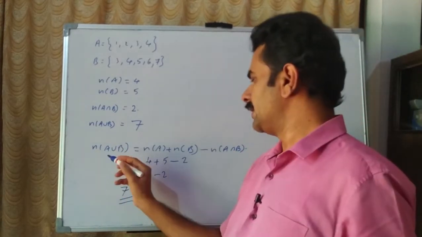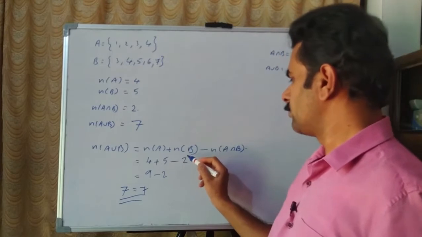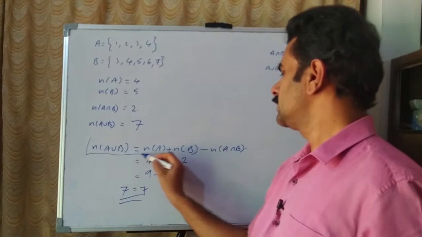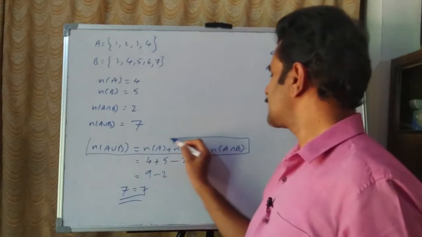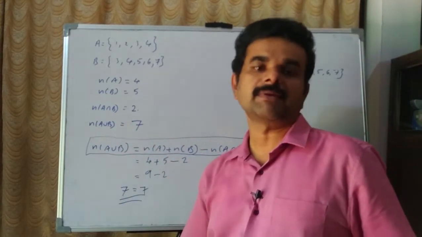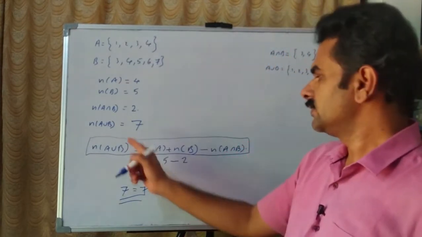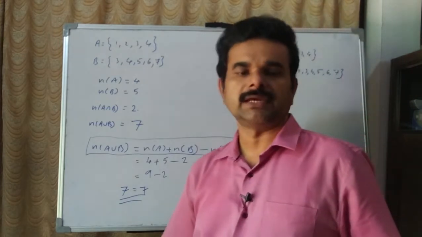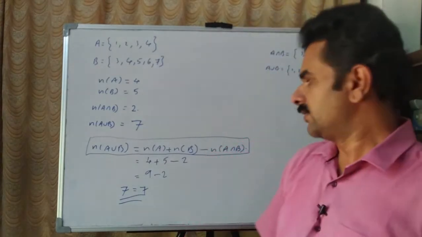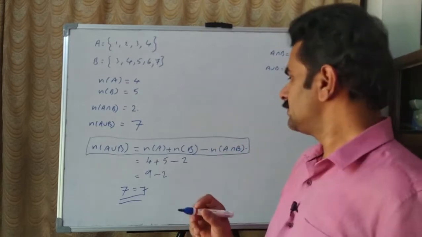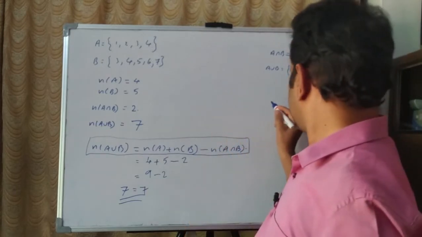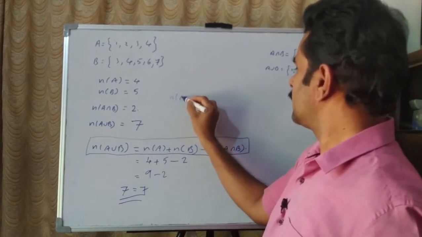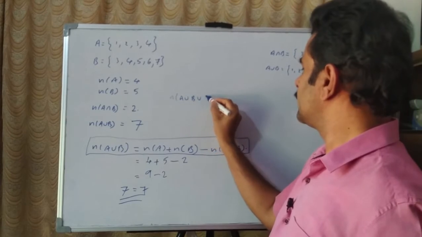Thus N of A union B is equal to N of A plus N of B minus N of A intersection B. This is a standard formula to do several practical or application level questions. So learn this formula by heart: N of A union B is equal to N of A plus N of B minus N of A intersection B.